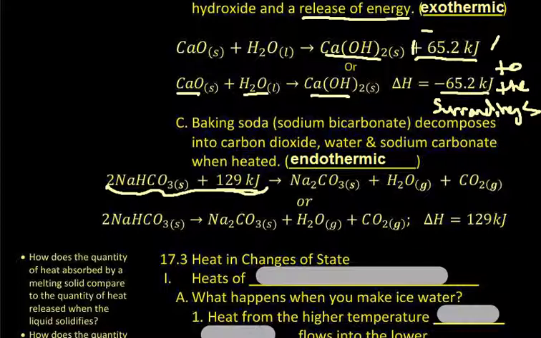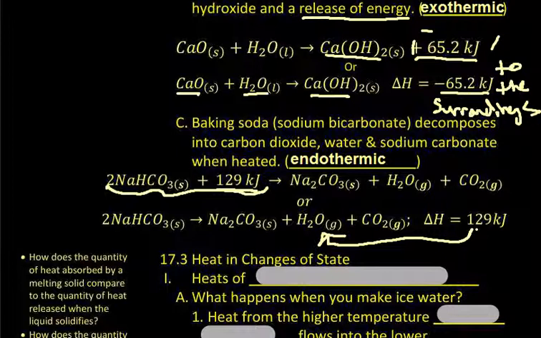In chemical equations we only add things, we never subtract things. If it's endothermic, then we have sodium bicarbonate decomposing into sodium carbonate, water, and carbon dioxide with a delta H of 129 kilojoules, which means that this is positive and it goes into the products of this reaction.